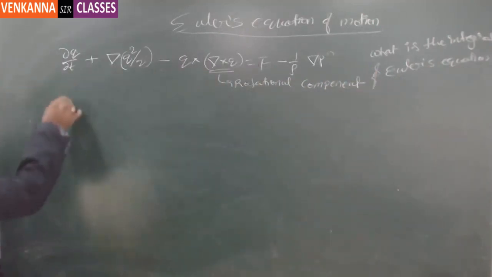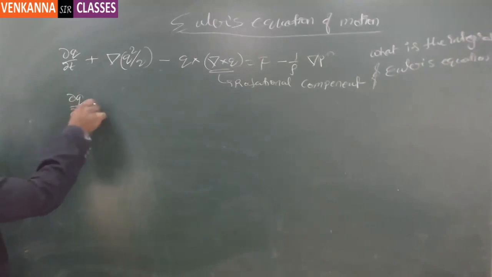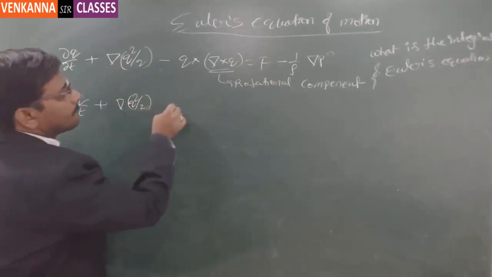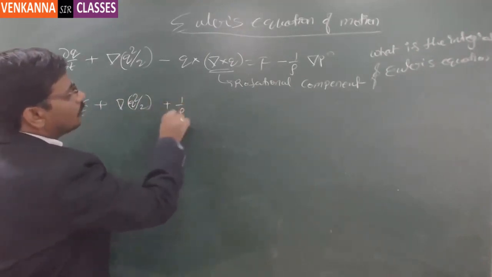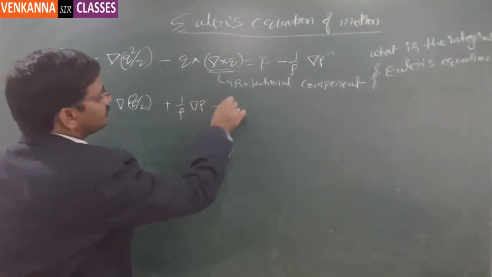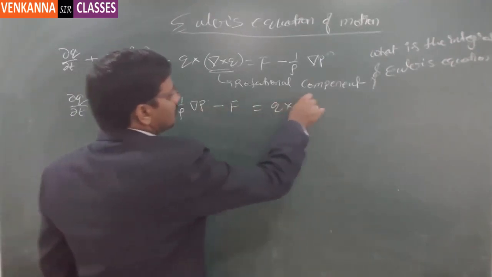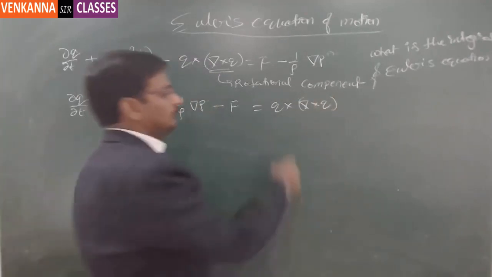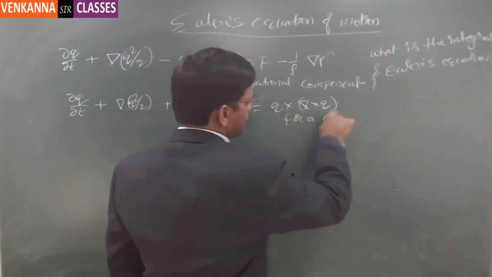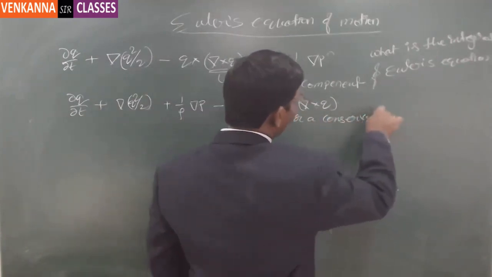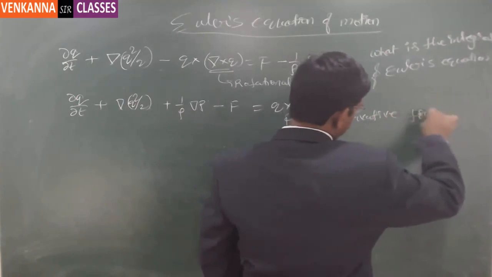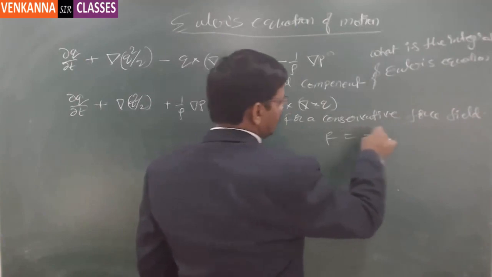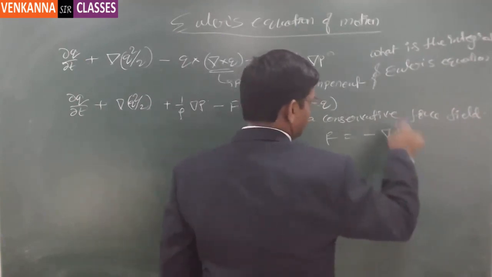Now I'll write this as dou q by dou t plus del of q square by 2 plus 1 by rho times del p minus f is equal to q cross del cross q. So for a conservative force field, F can be expressed as minus del psi, some random function.